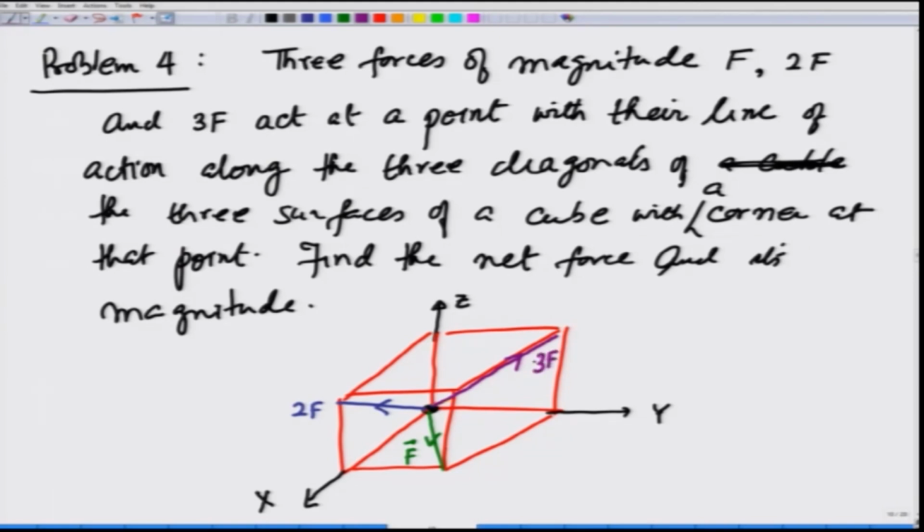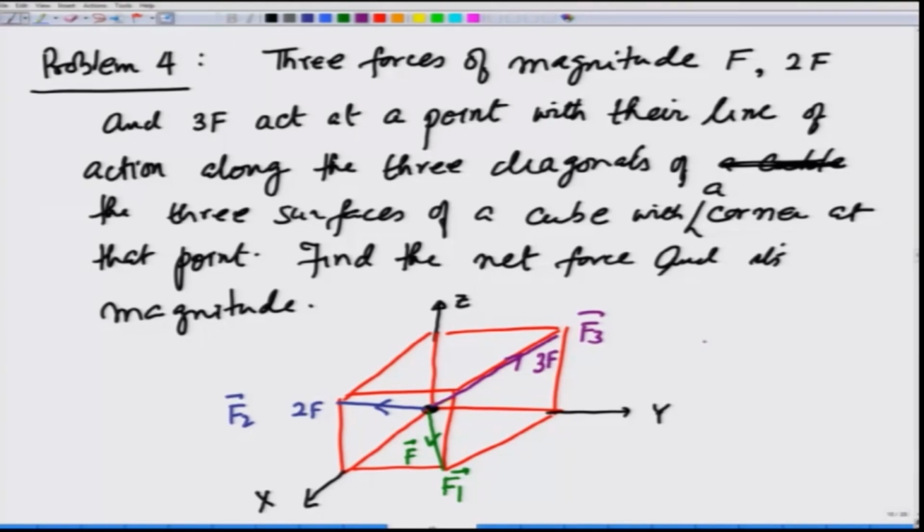We want to find the net force acting at this point and the total magnitude. Let me call the green force acting in the xy plane as F1, the blue force F2 and the purple force F3.